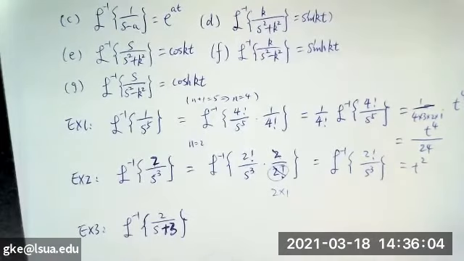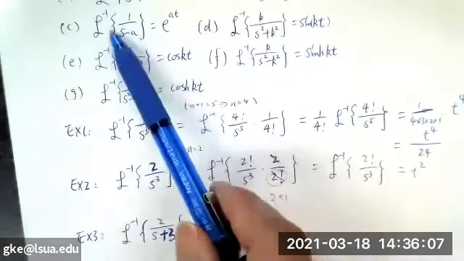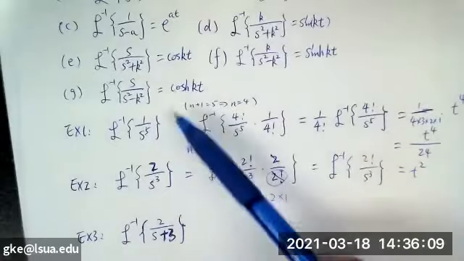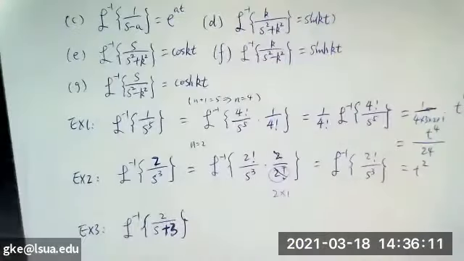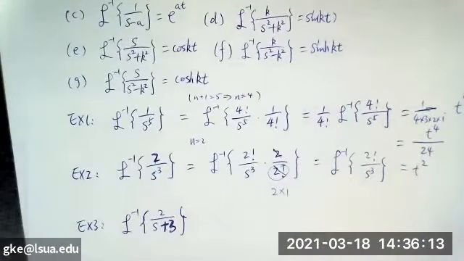So how do we do the transform for this guy? Basically, we're going to use the formula C, right? Formula C. So try it by yourself. Okay, try it by yourself.